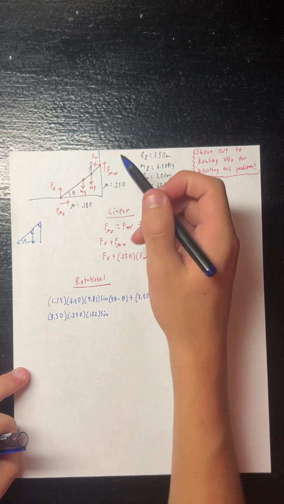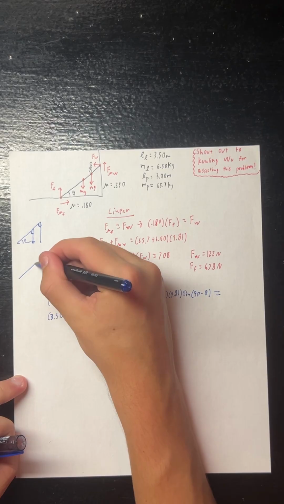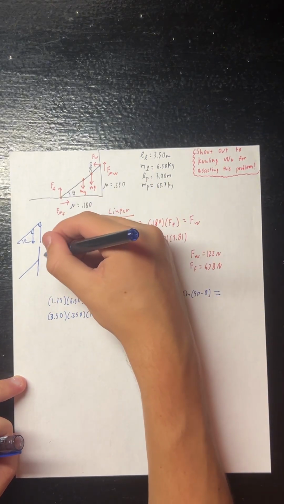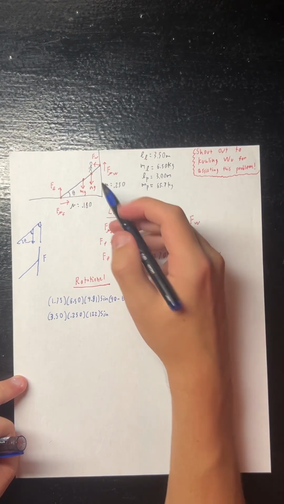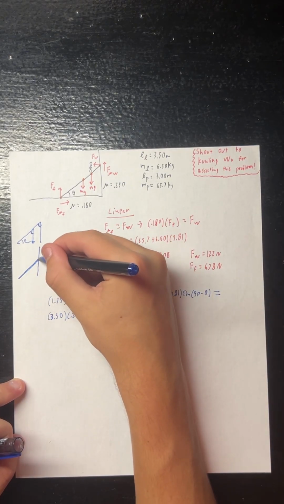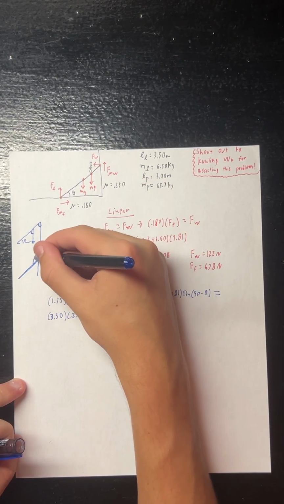What is theta here? Well, if we're finding it here, we can blow this up once again. It goes like this. Here's the wall. So the force that we're finding here goes like the R, 3.5, and the force goes up. So you're finding this big angle right here.